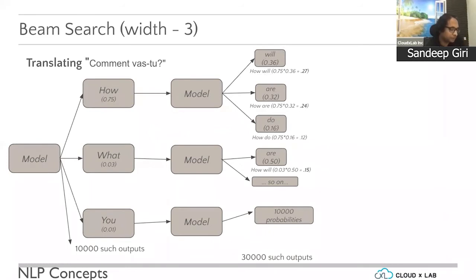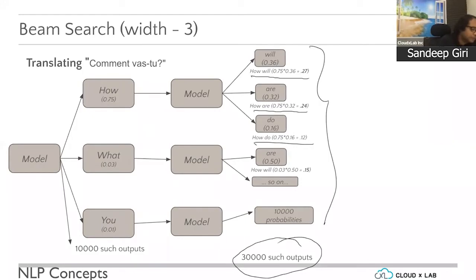Now you see that this sentence has this probability, this has this, this has this. This way there will be 30,000 results, so a total of 30,000 such numbers. From this, we will just pick the top 3.